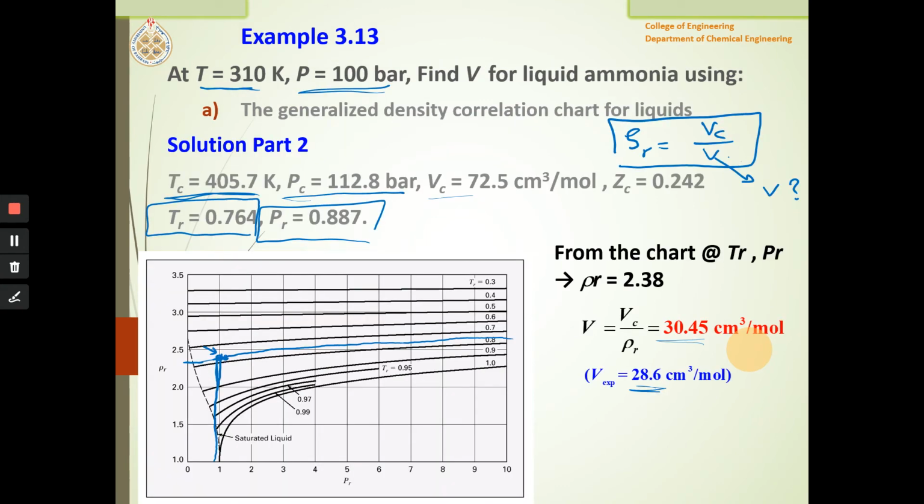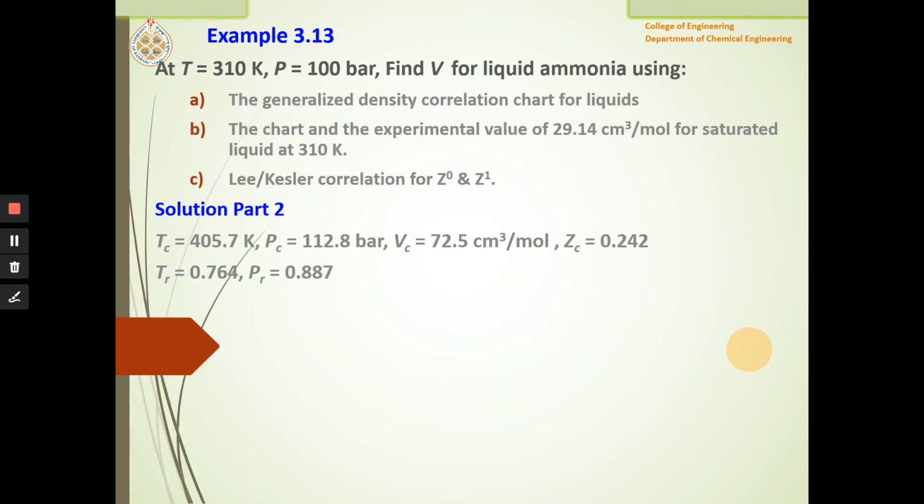Now, I want to give you information to use method 2 of the density correlation. Let's see. Here I said, again using the chart, but now you have to know that when it is saturated at this temperature, you get a volume Vsat equal to 29.14. When is this? When the temperature was 310 Kelvin.